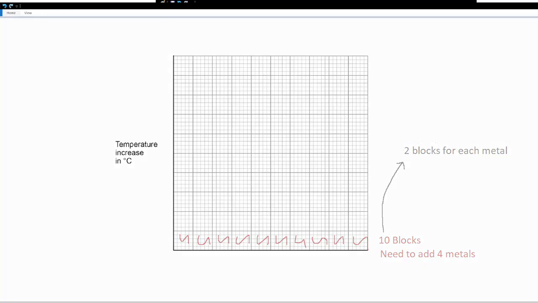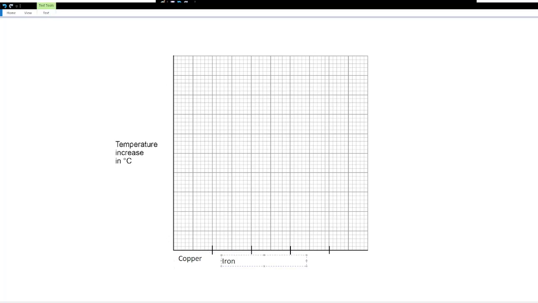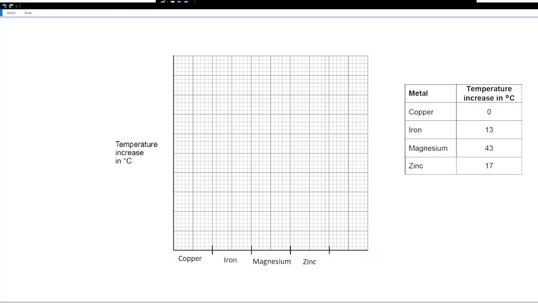So now I'm just going to add little lines on the bottom which show me where the barriers are for each metal. Now we need to think about the y-axis and how much up it should go. What I normally do is just think of a number and go up by that amount of times. Now we have a maximum number of 43, so the bar chart should be at least 43 up.